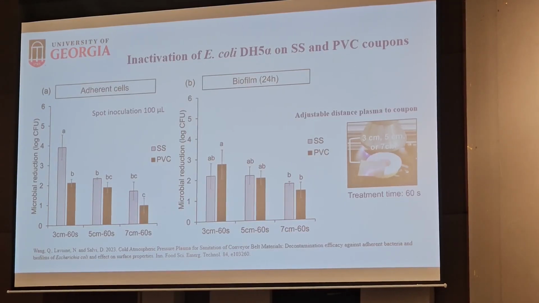And in this case, as you have increased the distance, you have less inactivation, which is also kind of obvious, but they had more inactivation on that PVC coupons because of the roughness of the surface and so forth than on the steel. So they mentioned the surface also has effect if you are treating the equipment or conveyor belt.